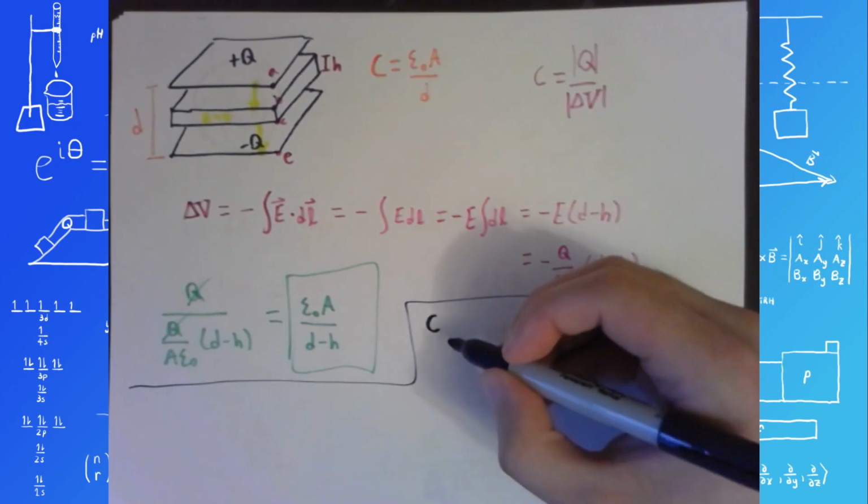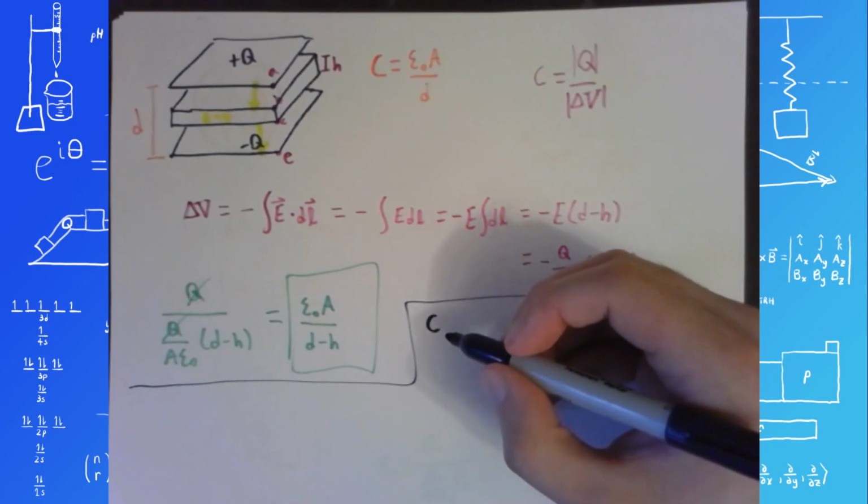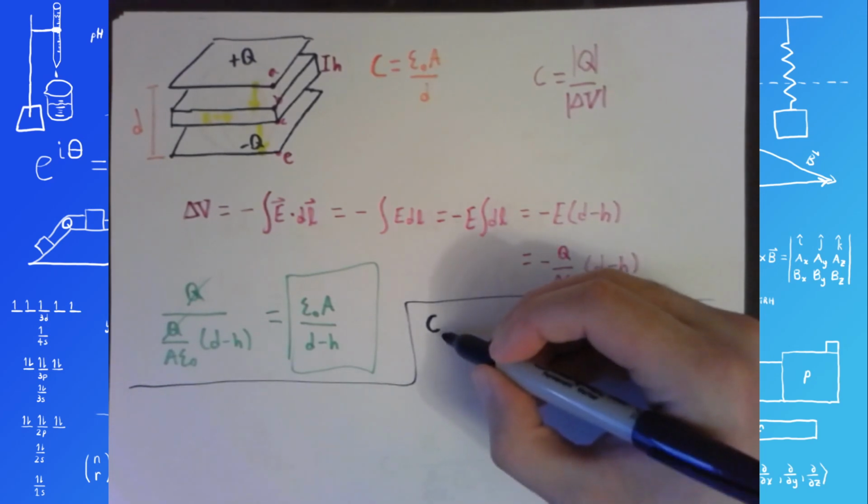Capacitance with a dielectric. Is there a special symbol for it? I don't think so.